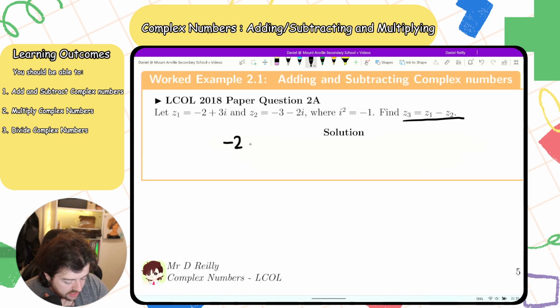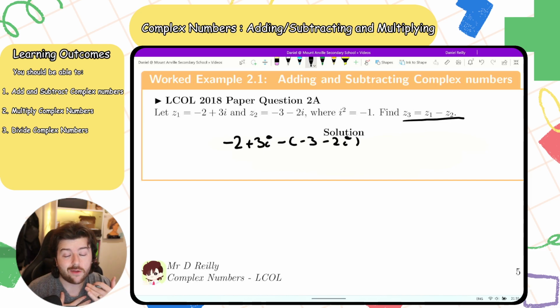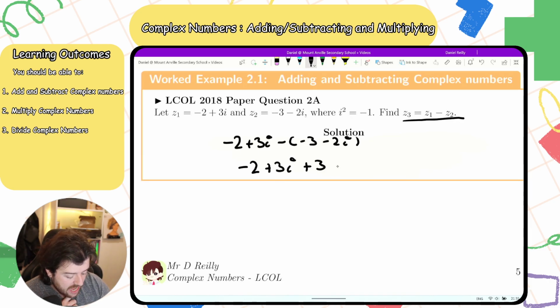So I'm going to have minus 2 plus 3i minus negative 3 minus 2i. And again, we're just treating this like we would an x in algebra. So I'm going to have minus 2 plus 3i minus negative 3, which is going to be plus 3, minus negative 2i, which is plus 2i.